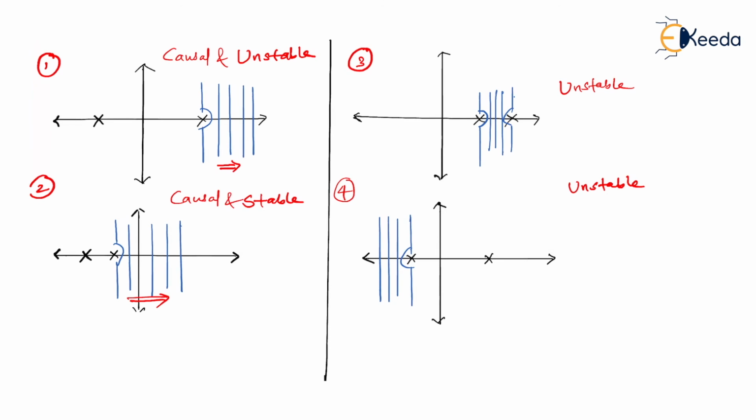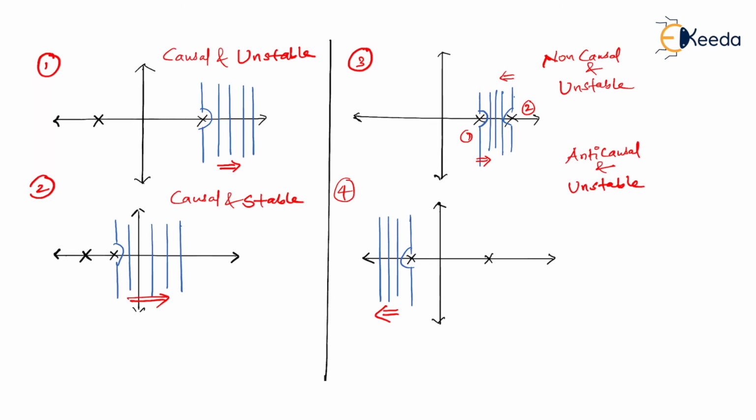In third example, if you notice that ROC is towards right side for first pole and for second pole, it is towards left hand side. So ROC is said to be both sided, and therefore this is non-causal. So this is non-causal and unstable.